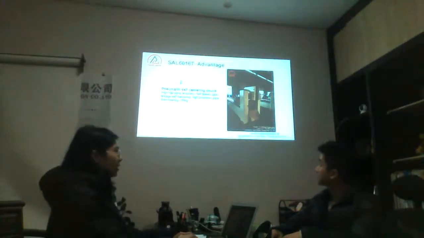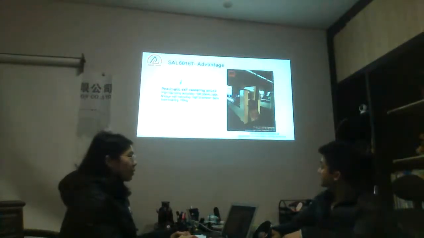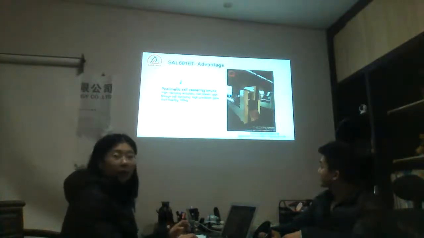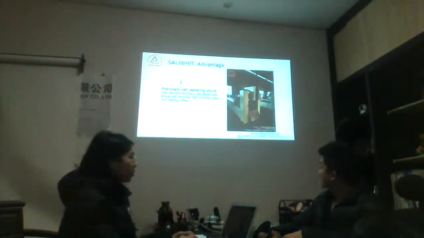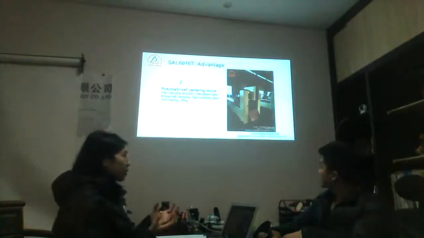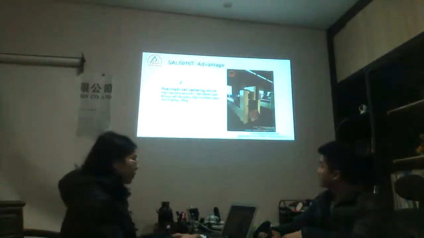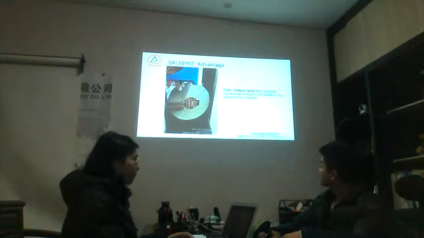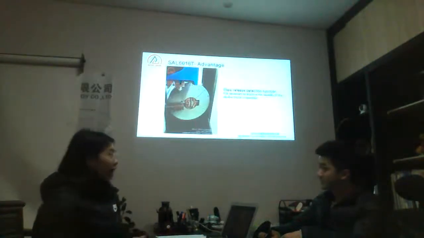From here we can see our pneumatic self-centering chuck. This is a very important thing. It has high clamping accuracy and the moving speed is very fast. We continue.